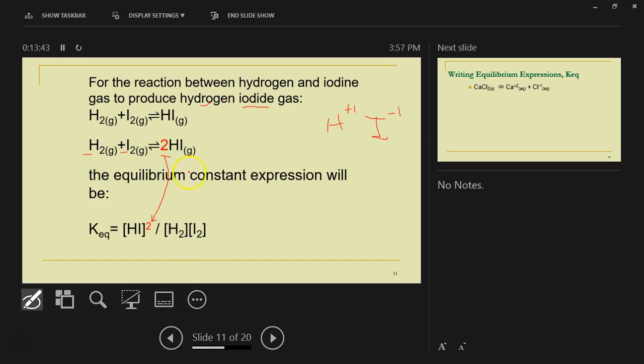Now, before it asked you just to write a basic equilibrium expression, you could have also written this, because everybody here was a Kp, you could have also written this as the following.